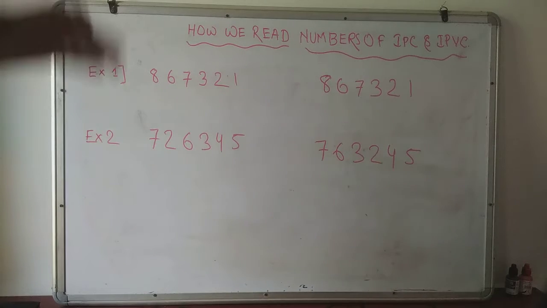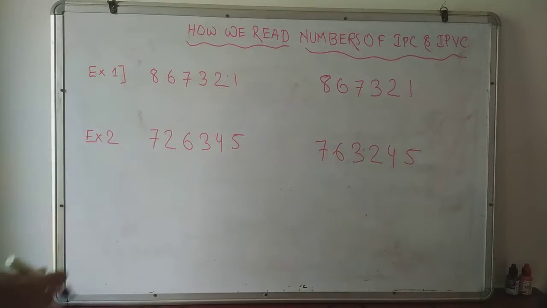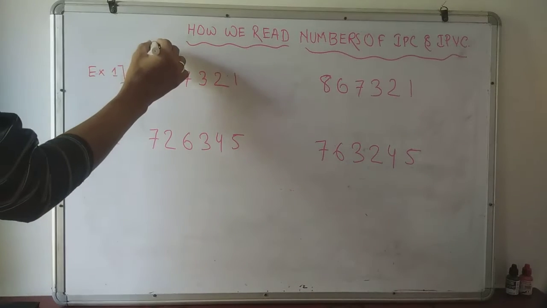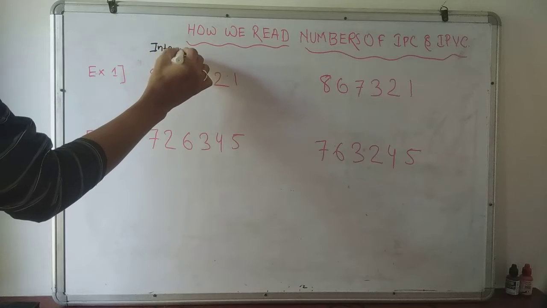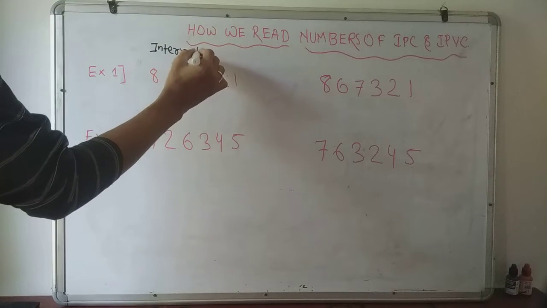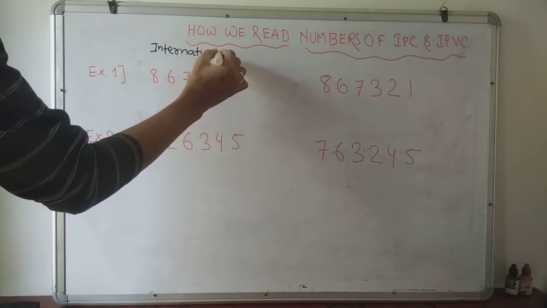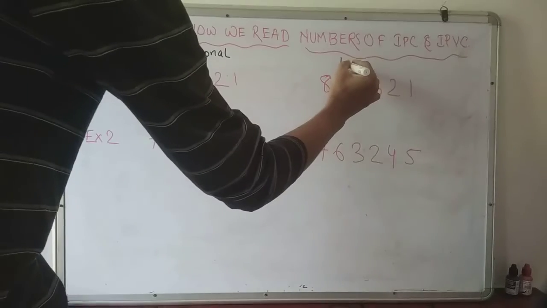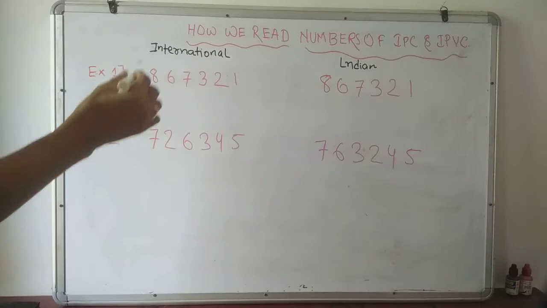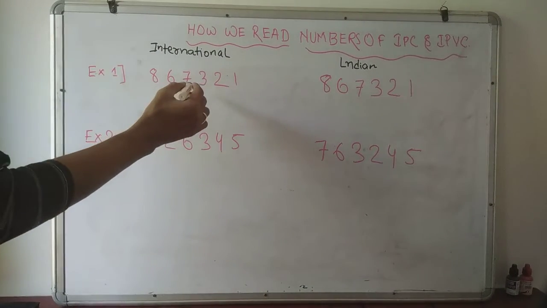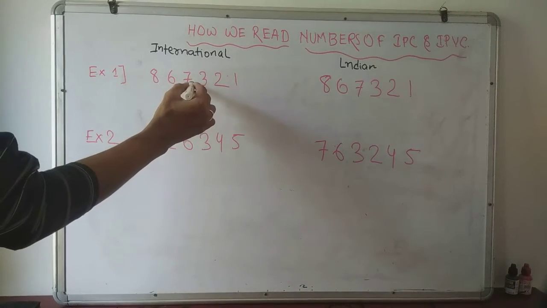As I already told you, in the international place value chart, it means international, and this is our Indian place value chart. In international, we group the digits in 3-3 format, 3-digit formats.